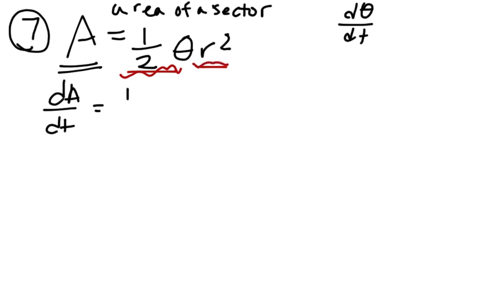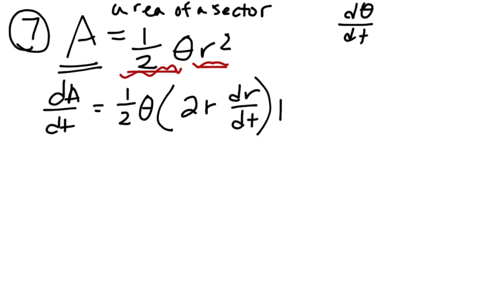So I'm going to say first function, 1/2 theta, times the derivative of the second function, which would be 2r to the first dr/dt, plus second function r squared, times the derivative of the first function, 1/2 theta to the 0, which is just 1, d theta/dt.